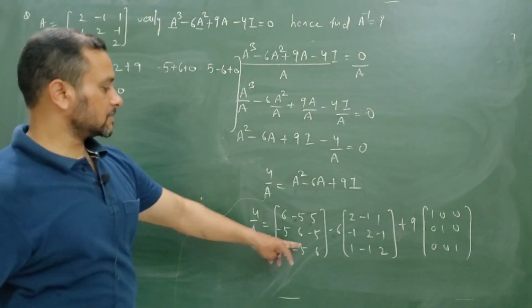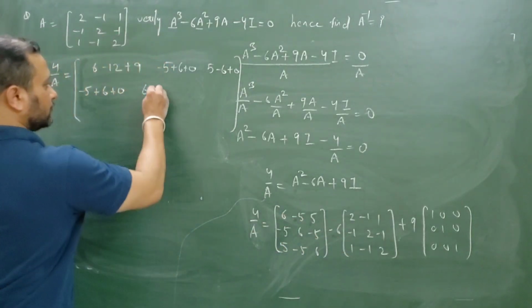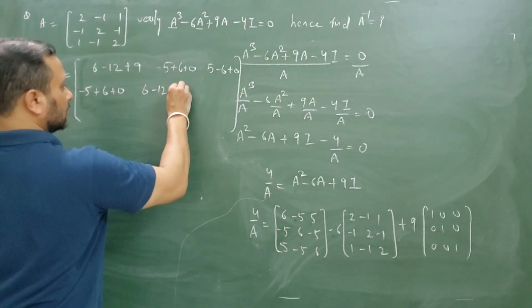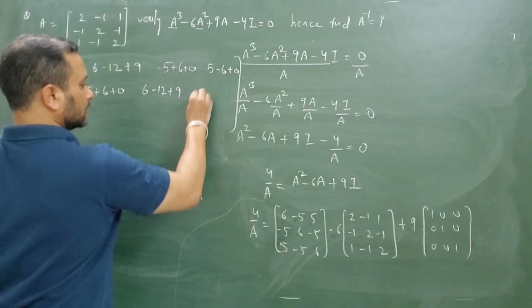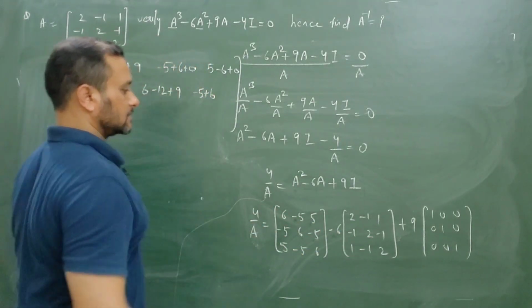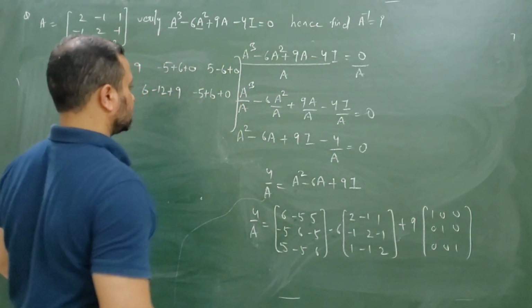The next one is 6, 6 times 2 is 12, minus 12, and 9 times 1 is 9. Minus 5, minus minus plus 6, 9 times 0 is 0.